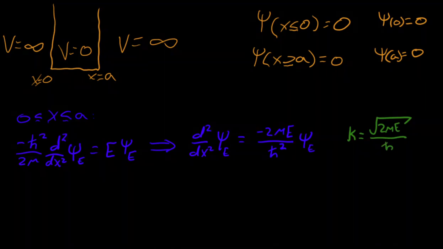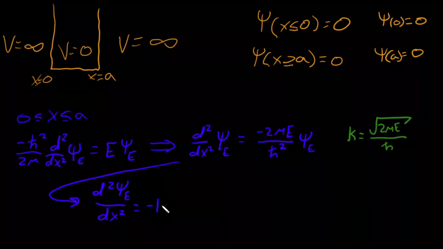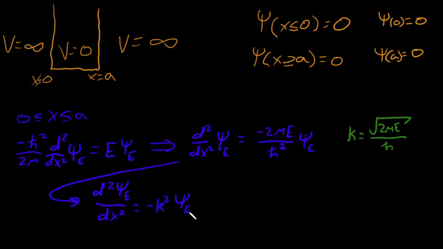If we write it like this, this becomes d squared psi e by dx squared equals negative k squared psi e.